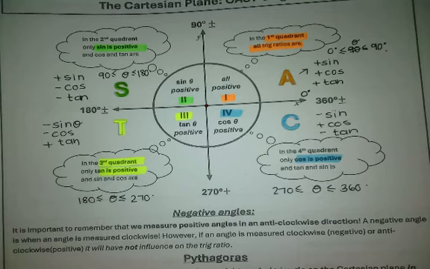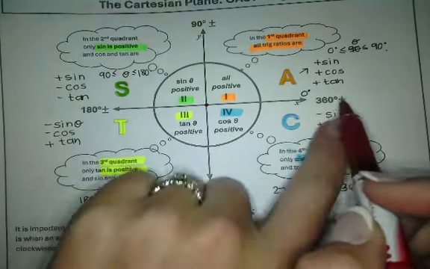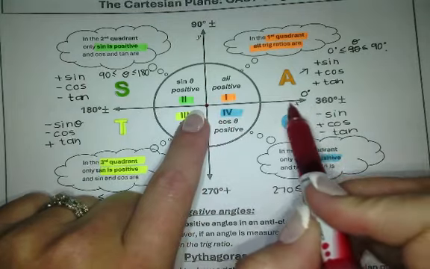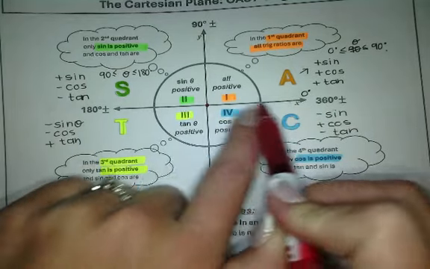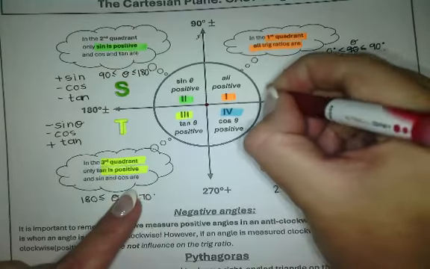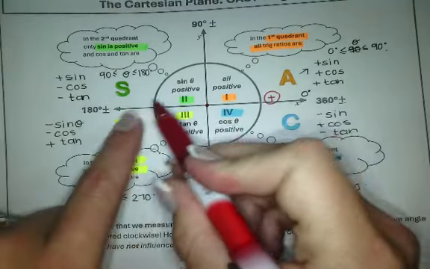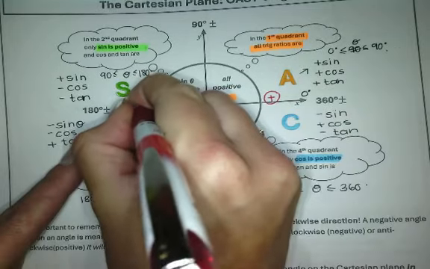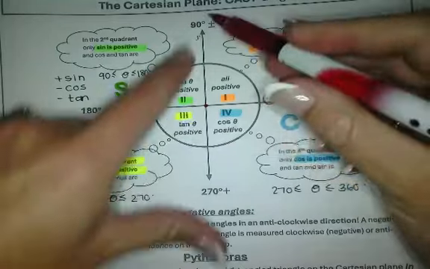The horizontal line, from 180 to 360, just this line over here, it's your x-axis. Grade 10s, from the origin to the right, x is positive. To the left, x is negative. Are you with me?